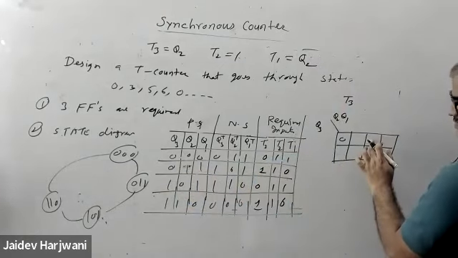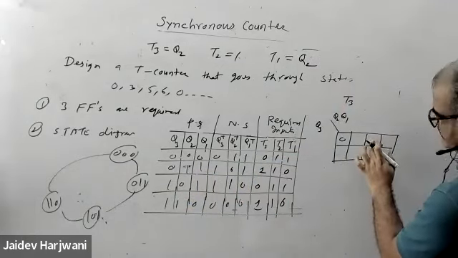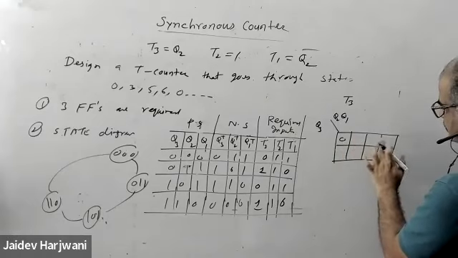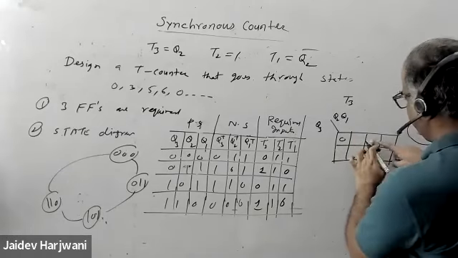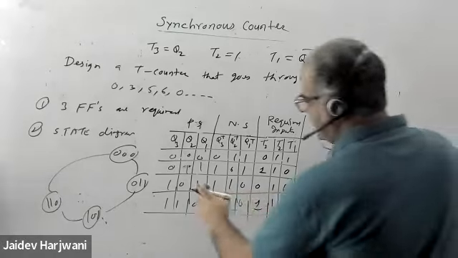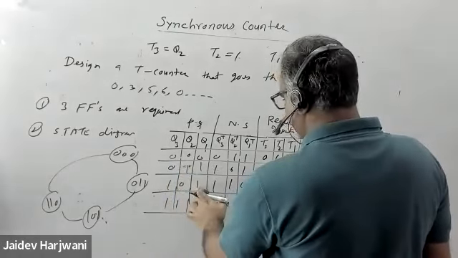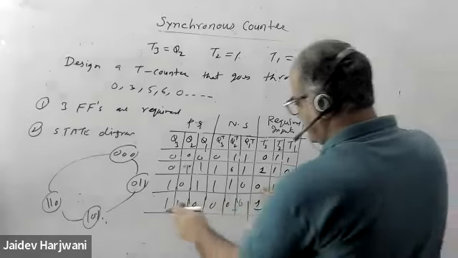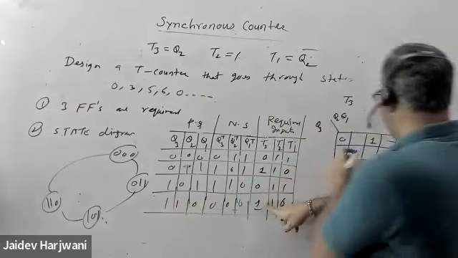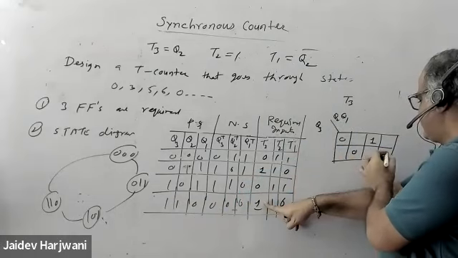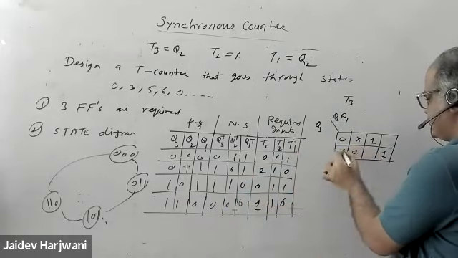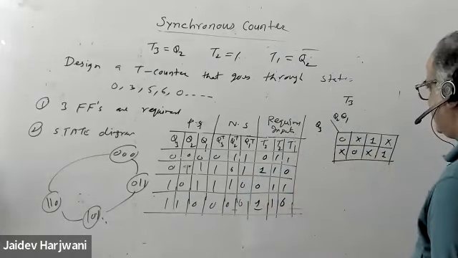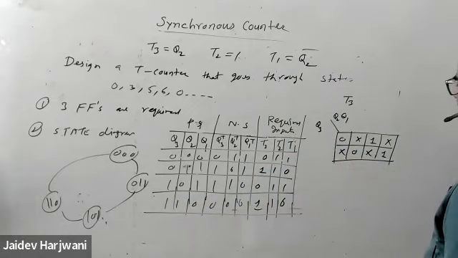So this is 0 1 1, third position is 0 1 2 3, so this is 1. Here you put 1. Then you have 1 0 1, fifth position 0. Then you have 1 1 0, sixth position 1. So these are don't care conditions. Many. Now you have to solve.